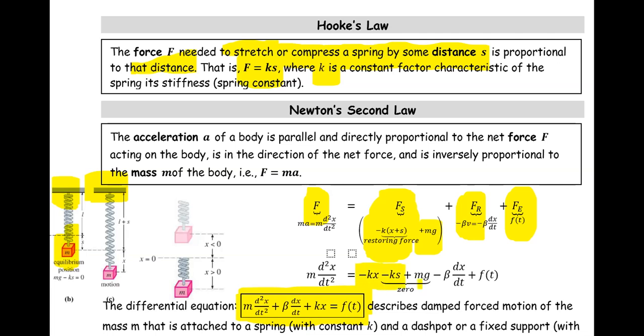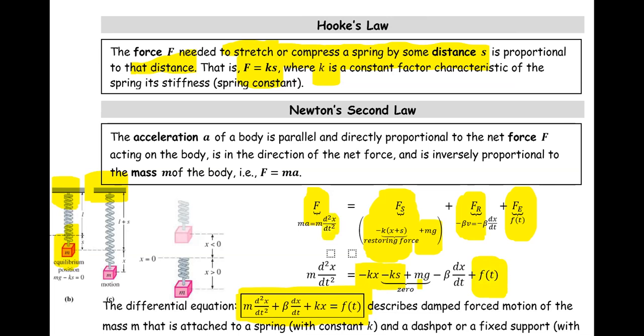And mg, as you see, one is pulling up, one is coming down, so kind of opposite directions. The frictional force is also in the opposite direction, and the external force is an add-on to it. These three portions of the force together form the differential equation, from Newton's law, F equals ma.